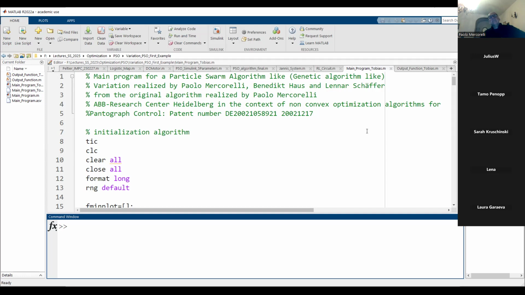We have licenses for all toolboxes in MATLAB. Please use it. We spend 30,000 euros each year for all licenses. It's a very, very strong tool.